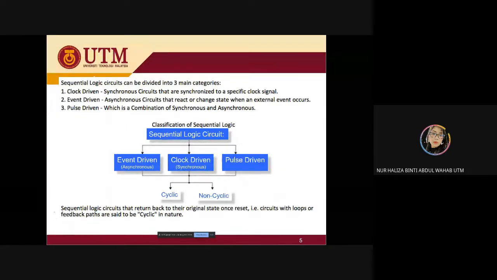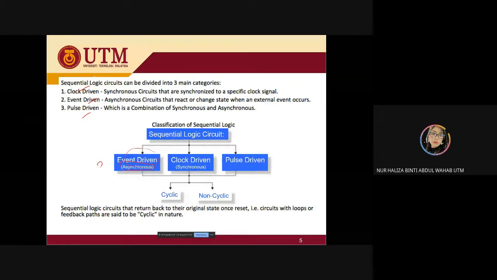So now you can see here under sequential circuit, you can categorize it to be 3. One is the clock driven. Second is event driven. And third is your pulse driven. Event driven is asynchronous.